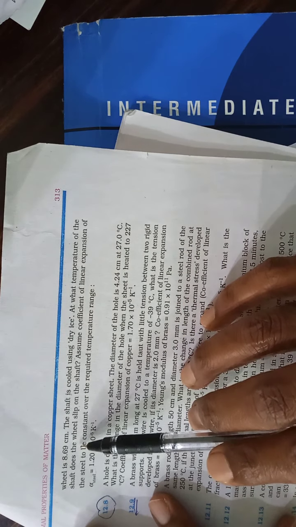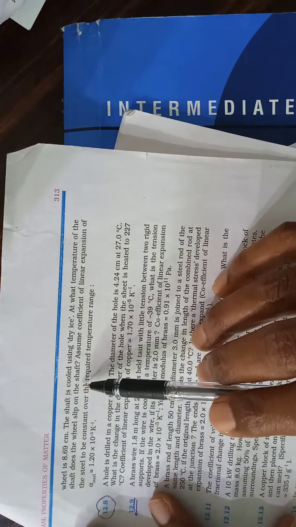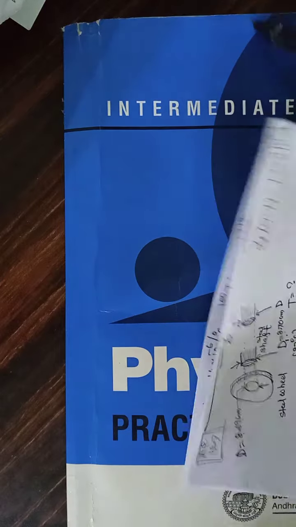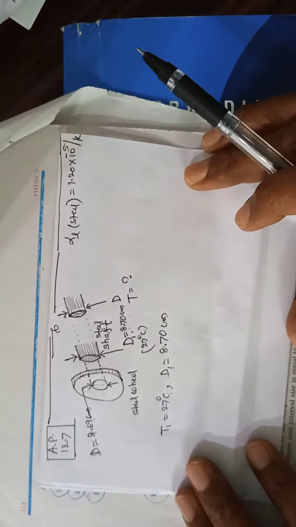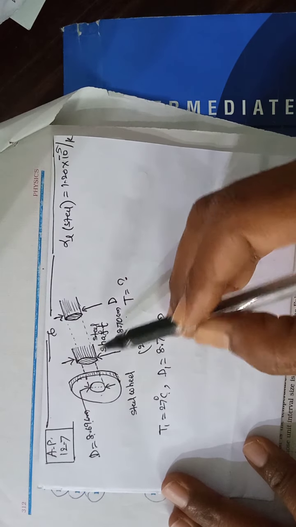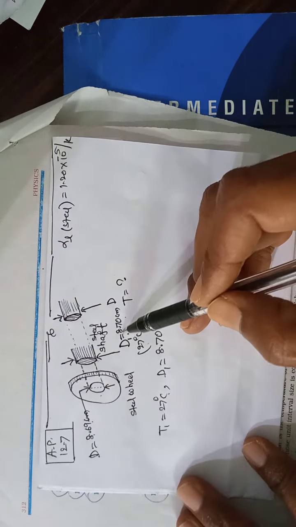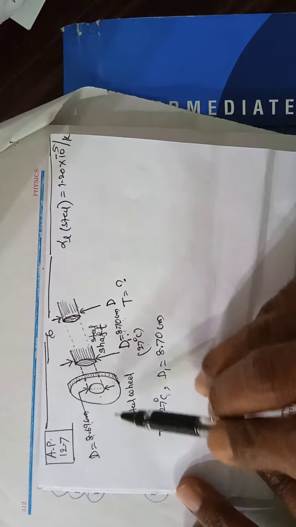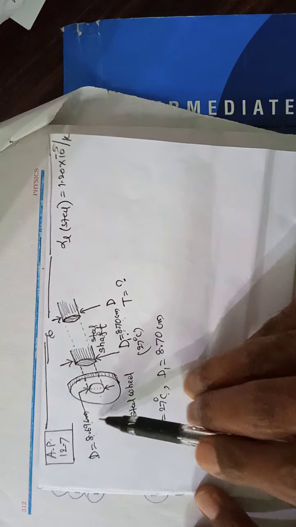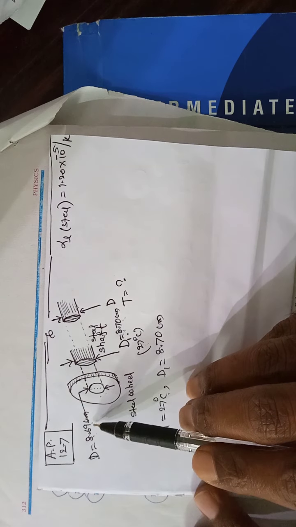At what temperature of the shaft does the wheel slip on the shaft? So here the shaft diameter is more, 8.70. The hole diameter is 8.69 centimeter. It is less.